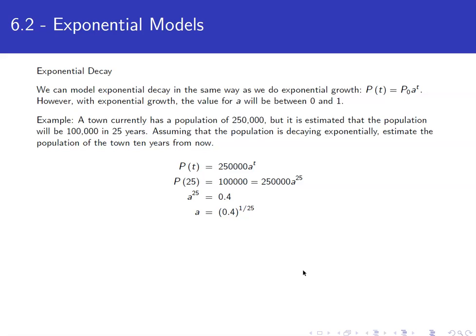We need to take the 25th root of both sides, or raise both sides to the 1/25th power, and we get a is about 0.964. Now we can estimate what the population is in 10 years. We can do 250,000 times 0.964 raised to the 10th power, which gives us approximately 173,286 for the population of the town.